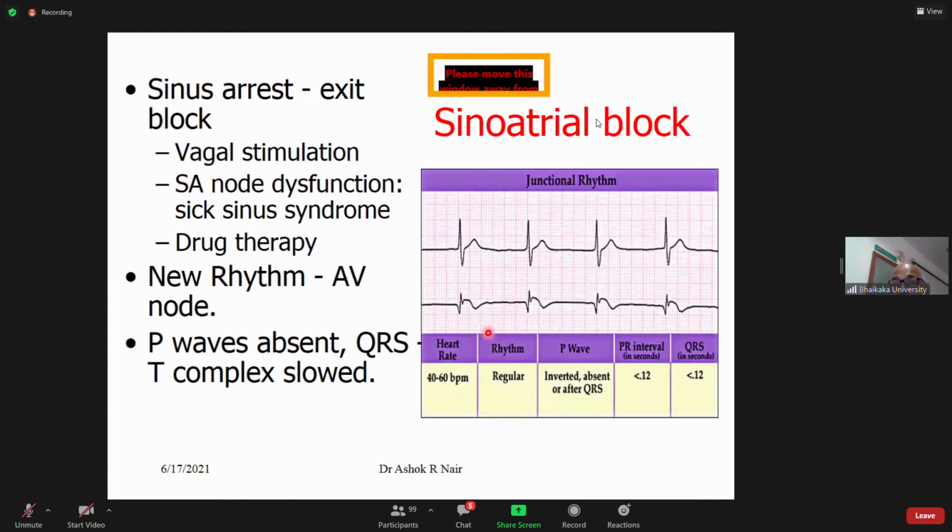The P wave may be inverted because retrograde conduction is occurring, or it can be absent also. And the P wave might be seen sometimes after the QRS complex. Important is that the PR interval duration will be reduced.